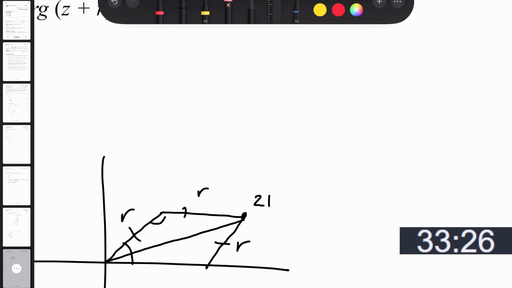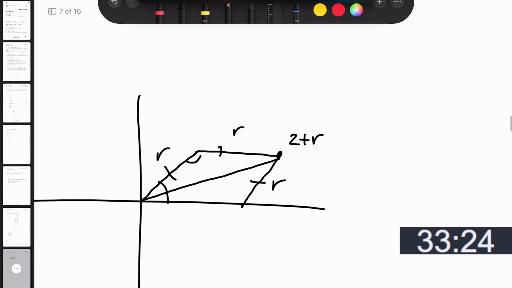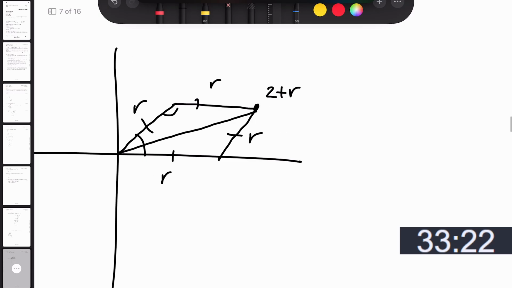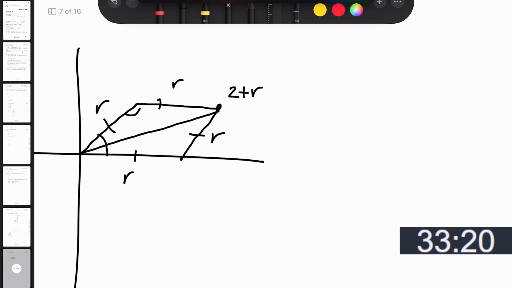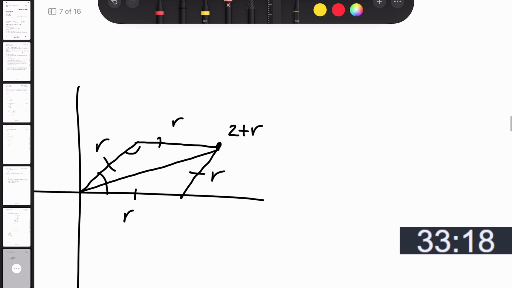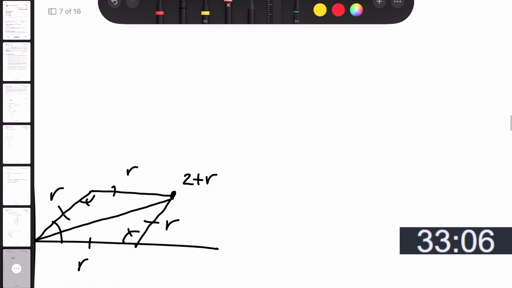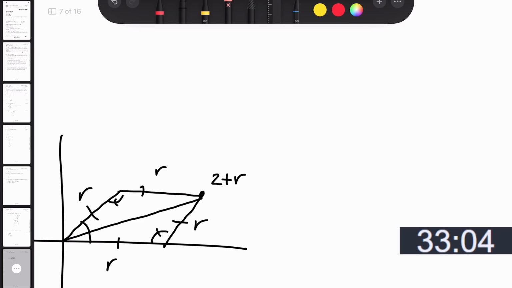I'll say that this is Z plus R. Is it just a bisector because it's going across the diagonal? Let's see. These angles would be the same. Yeah, I think by symmetry they have to be half.